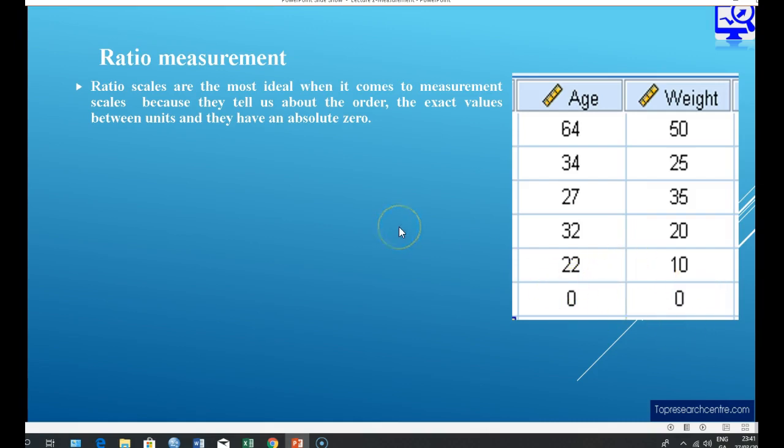And the presence of a true 0 means that we are able to calculate ratios when we have variables measured at this level of measurement.